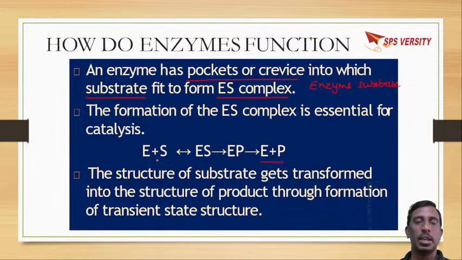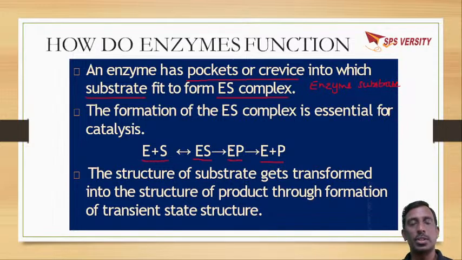So first, enzyme plus substrate forms enzyme substrate complex. After transformation of substrate into product, again enzyme and product are separated. Here there is a change of substrate to product, but the enzyme remains constant.